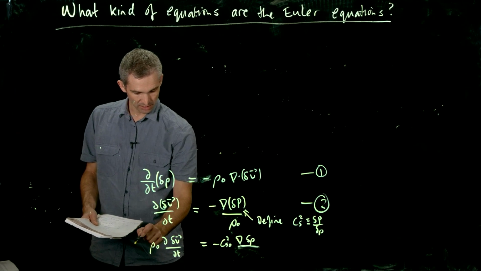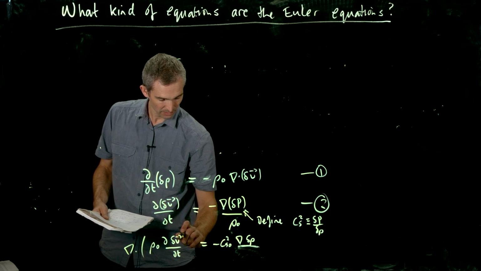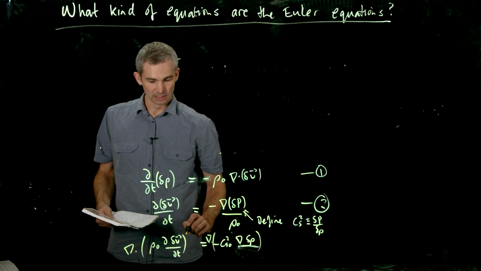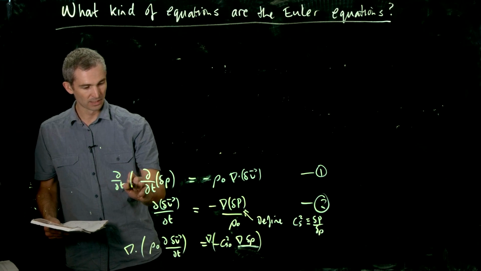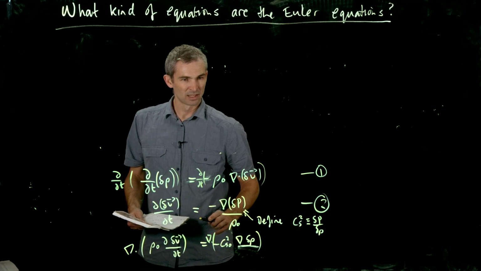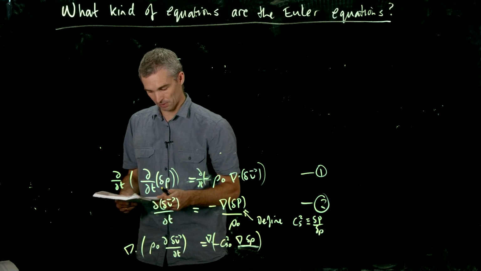So if I take the divergence of this equation, and I take the divergence of the right-hand side as well, and I take the time derivative of this equation, so I take the time derivative of the right-hand side, then you should be able to see that I should get the same term here as I get here, and I should be able to cancel it.